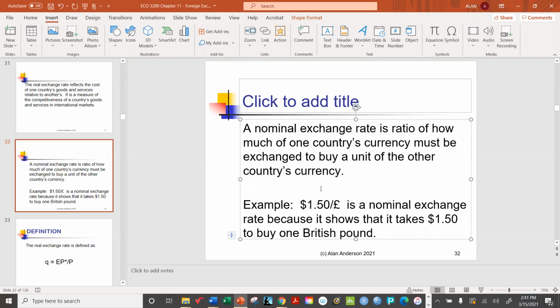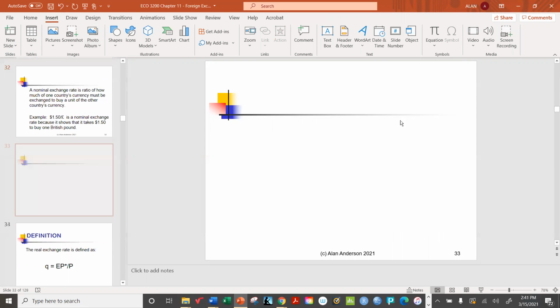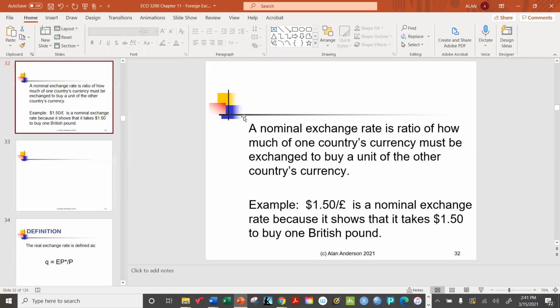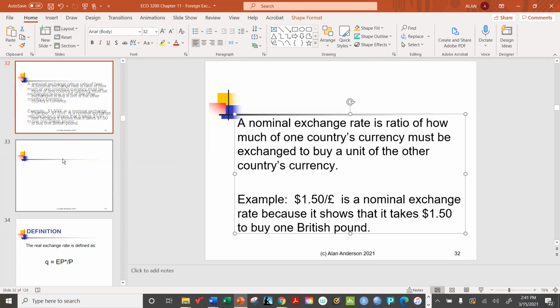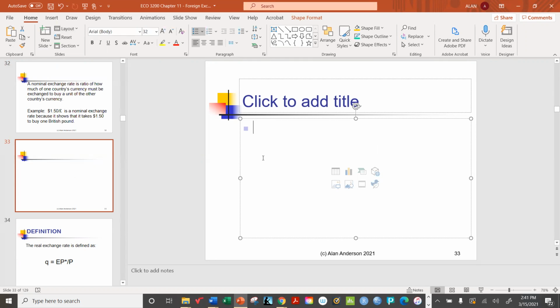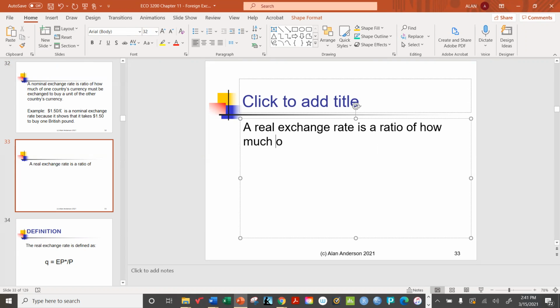So then what would be different about a real exchange rate? Okay, now this is something unusual, something we haven't seen before. A real exchange rate means, unlike the nominal, which is a price of one in terms of the other, a real exchange rate is a ratio of how much of one country's goods must be exchanged to buy another country's goods.